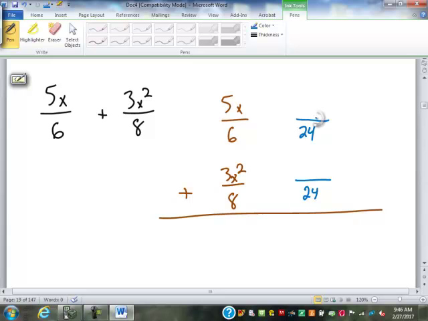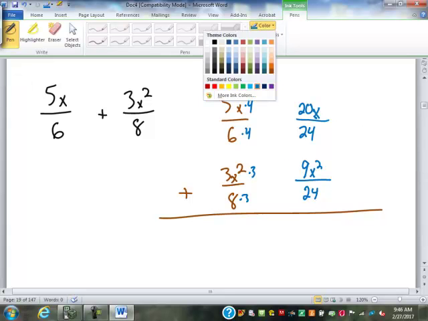What's this numerator going to become? 20x. 6 times 4 made 24, so 5x times 4 does make 20x. What's this one going to become? 9x squared, good. 8 times 3 makes 24, so 3x squared times 3 is 9x squared.